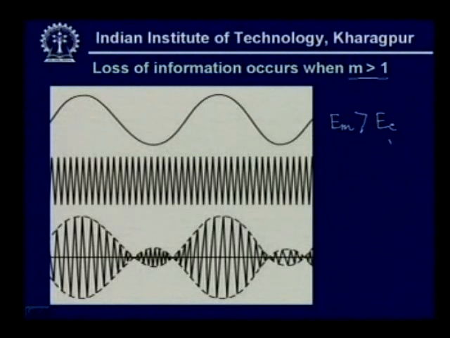So, when Em is greater than Ec, then the value of m is greater than 1, and in such a case we get a waveform like this, and it can be shown that whenever you have m greater than 1, it is not possible to recover the signal at the other end. That means, recovery of the signal will not be possible whenever the modulation index is greater than 1.